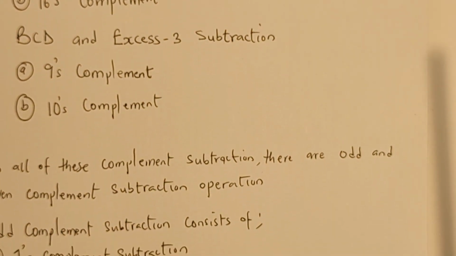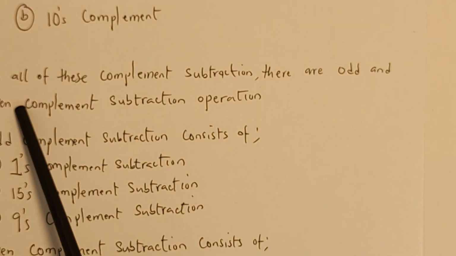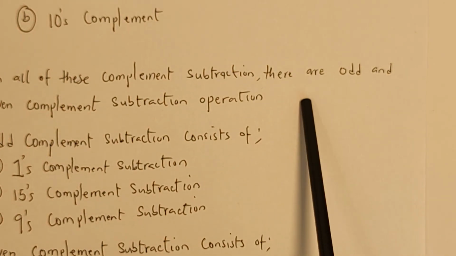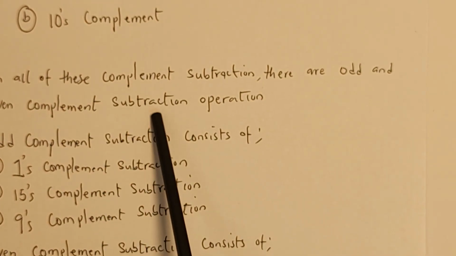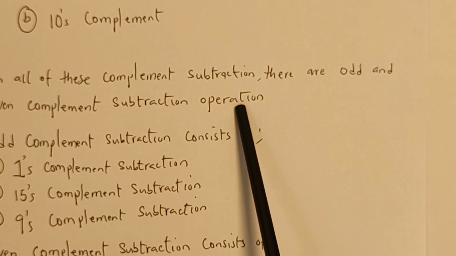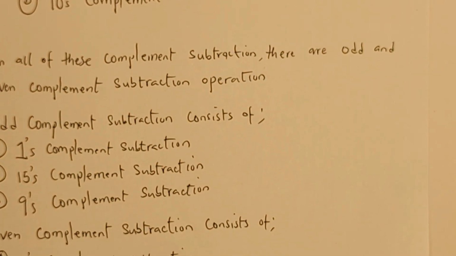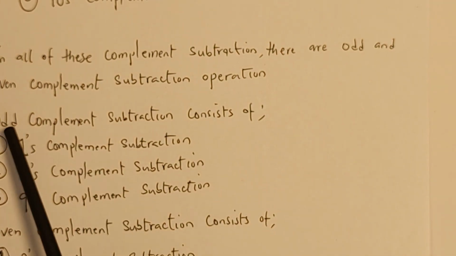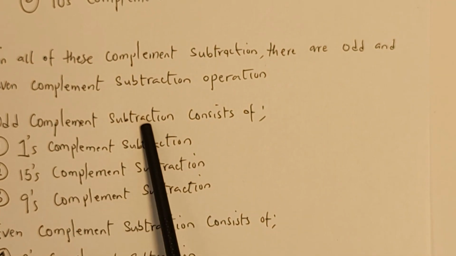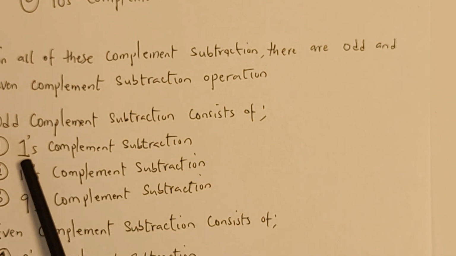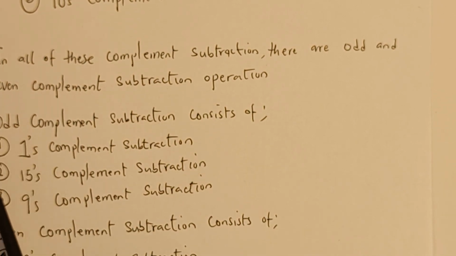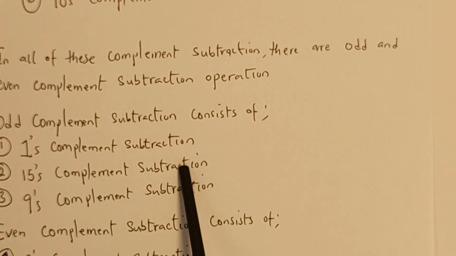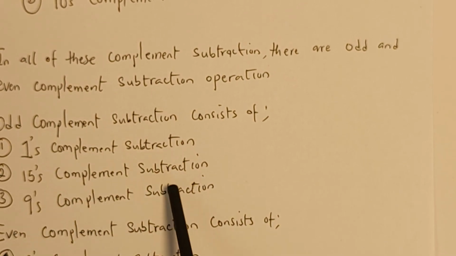Now in all of this complement subtraction, there are odd and even complement subtraction operations. I've further divided it into these components so that you can understand better. We have the odd complement subtraction, which consists of the 1's complement subtraction, 15's complement subtraction, and 9's complement subtraction.